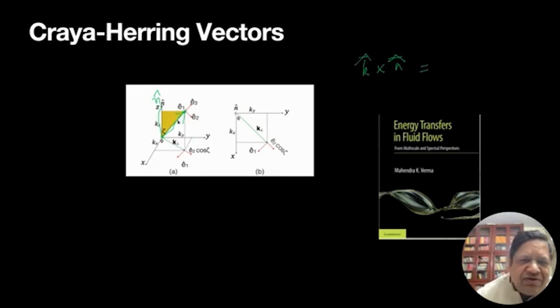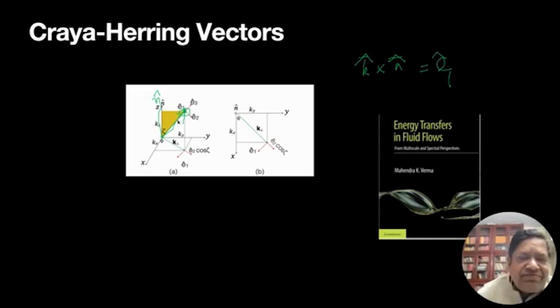So we can make a unit vector along k cross n, which is e1 hat. e1 is pointing towards you, which is k cross n. You take vector k, which is in that direction, and k cross n, like that.